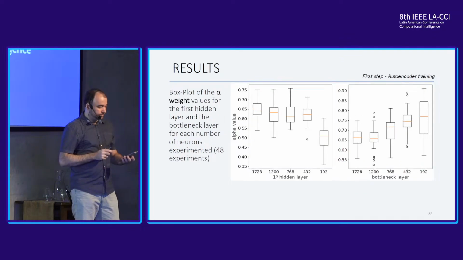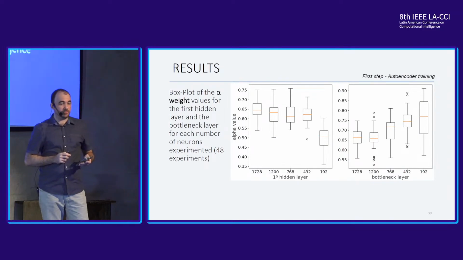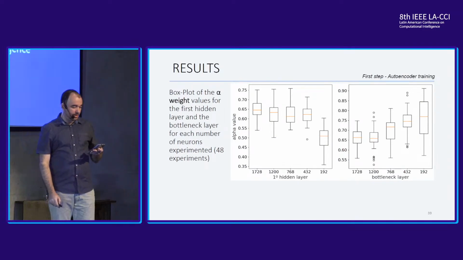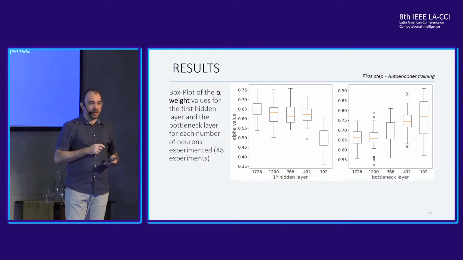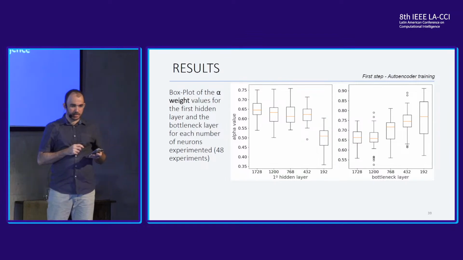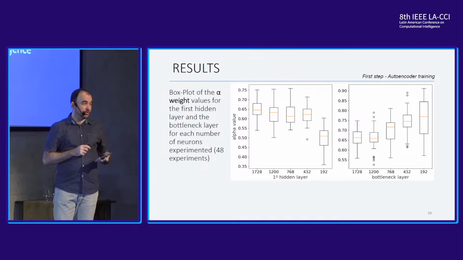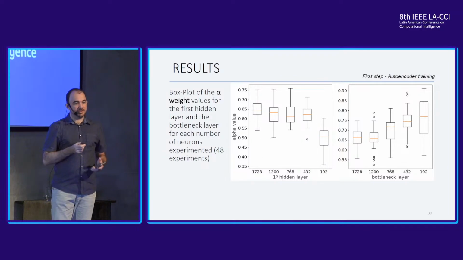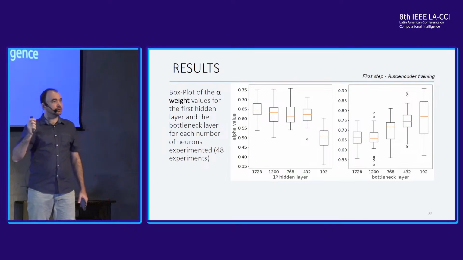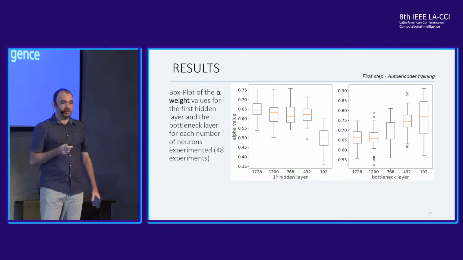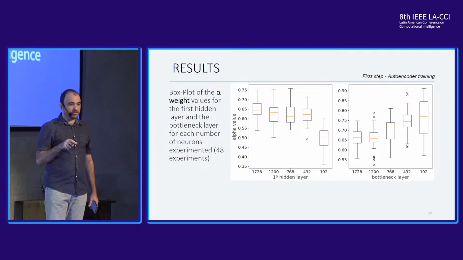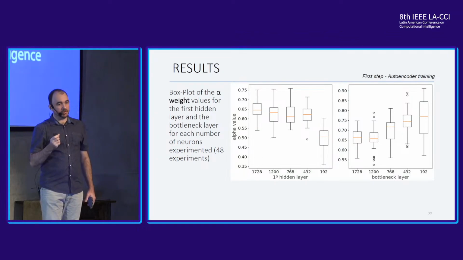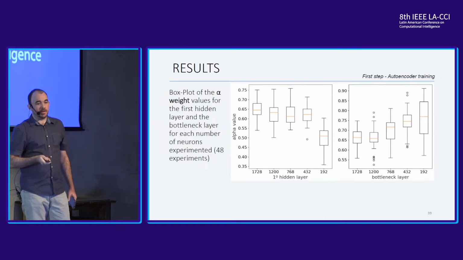Here we have the box plot for the alpha weights, and as I said, the alpha weight shows the importance of each component of the activation function. If it equals 1, the GLN shows the global component in the activation, and if 0, the local component.